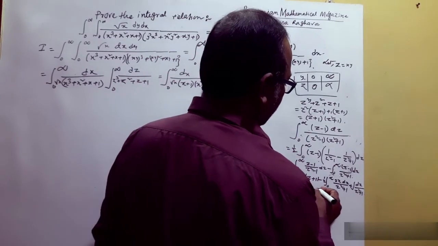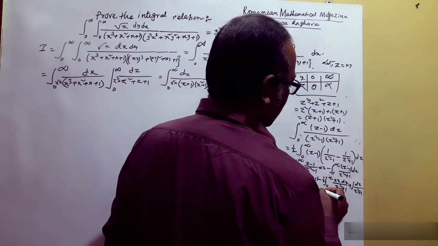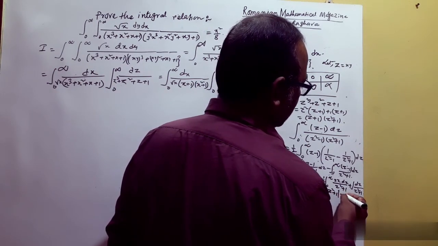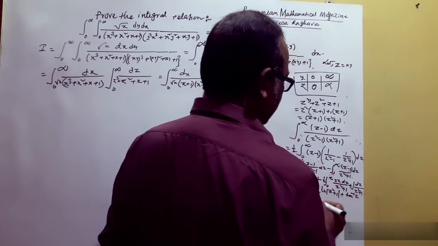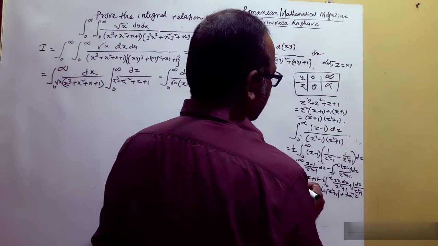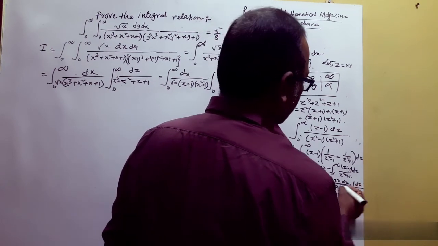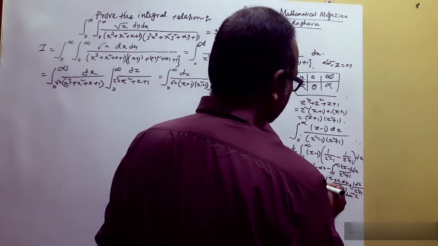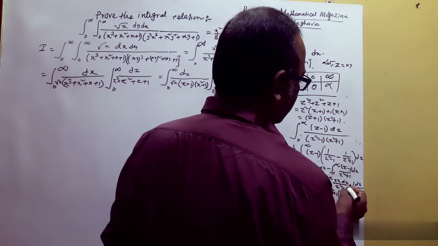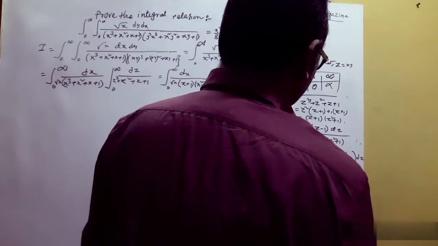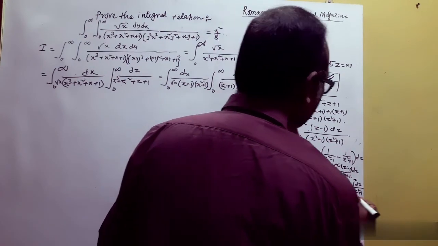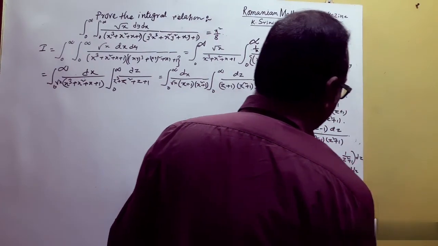So this is half of ln mod z square plus 1, and this is tan inverse z. Actually this is 0 to infinity, so the whole thing has this limit.